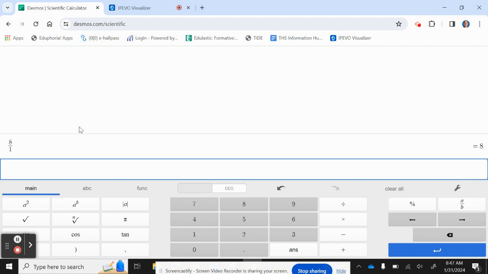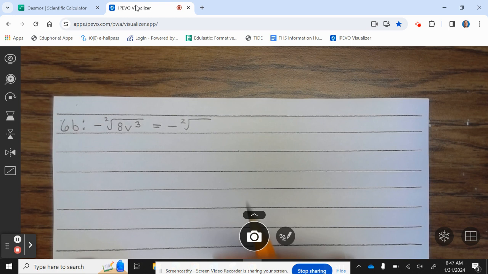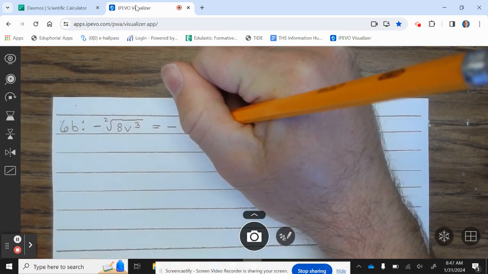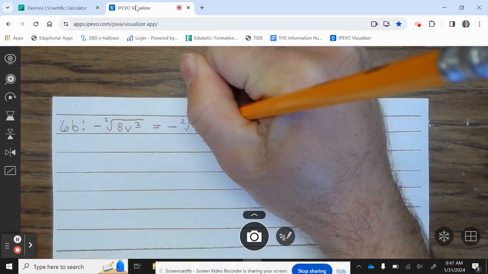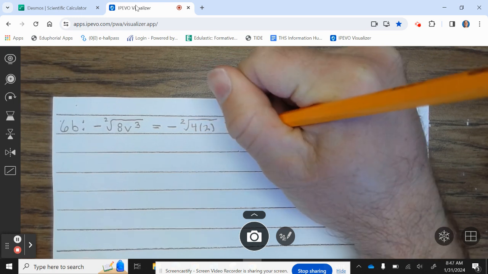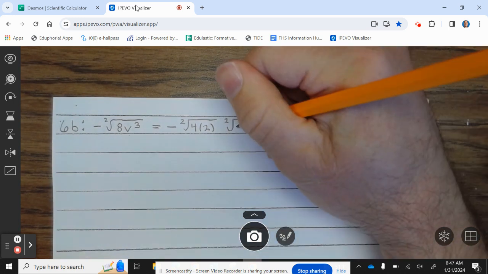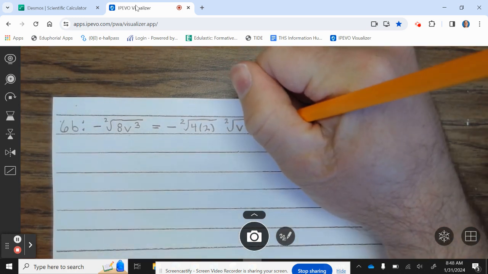That doesn't really matter. 8 divided by 4 is 2. So we can rewrite 8 as 4 times 2. Okay, so that's 4 times 2 times the second root of, and we can actually write v cubed as v squared times v.